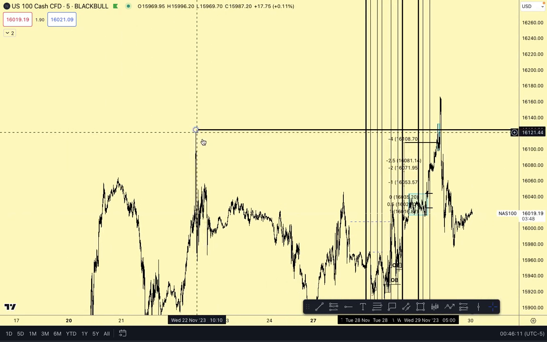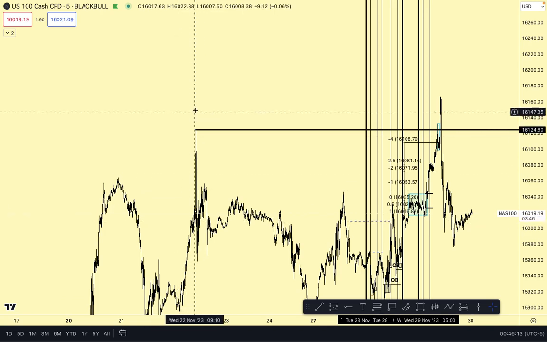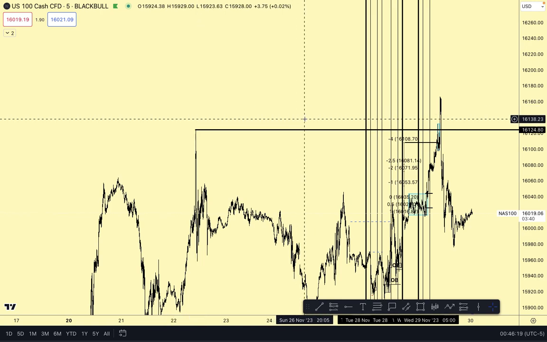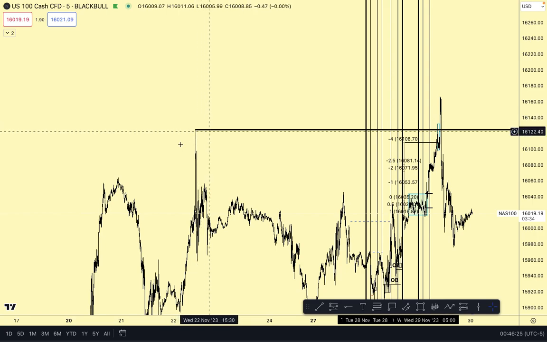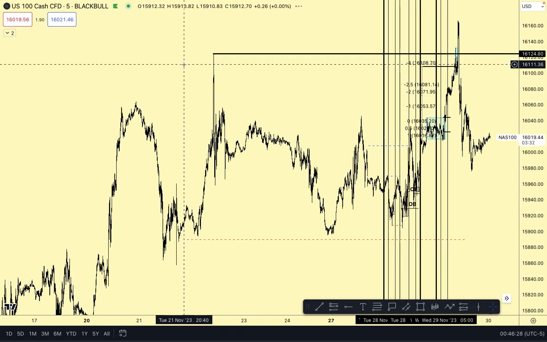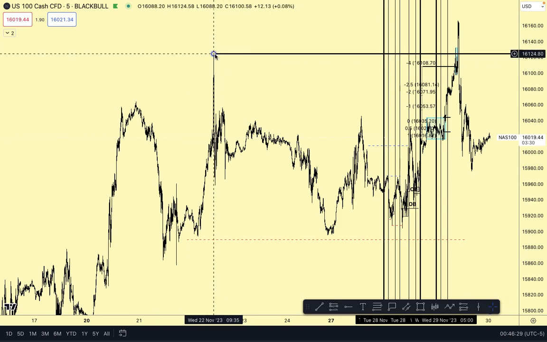So as you can see what that is, when did we make that high? That was Wednesday, last week. This is the previous week's high.